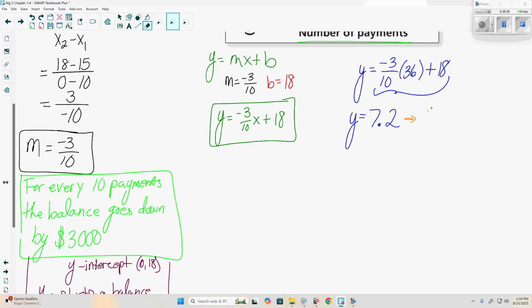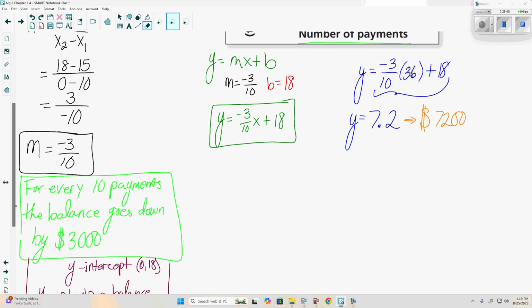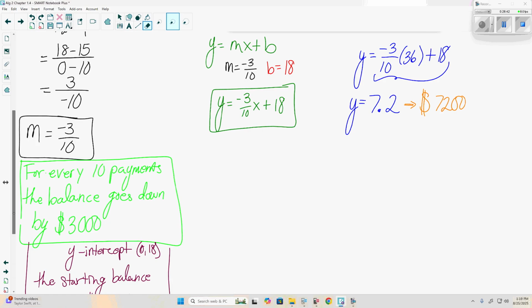Thousands of dollars. So really the remaining balance is 7,200. So the remaining balance after 36 payments is $7,200.